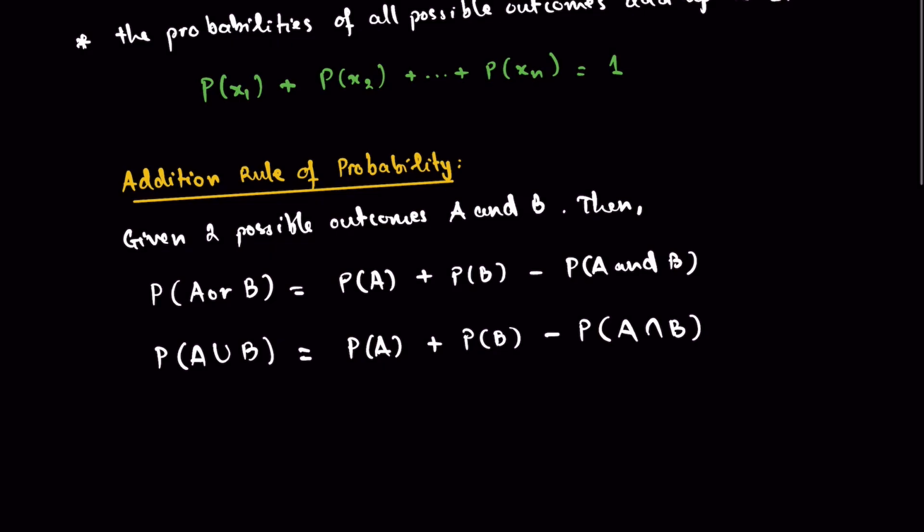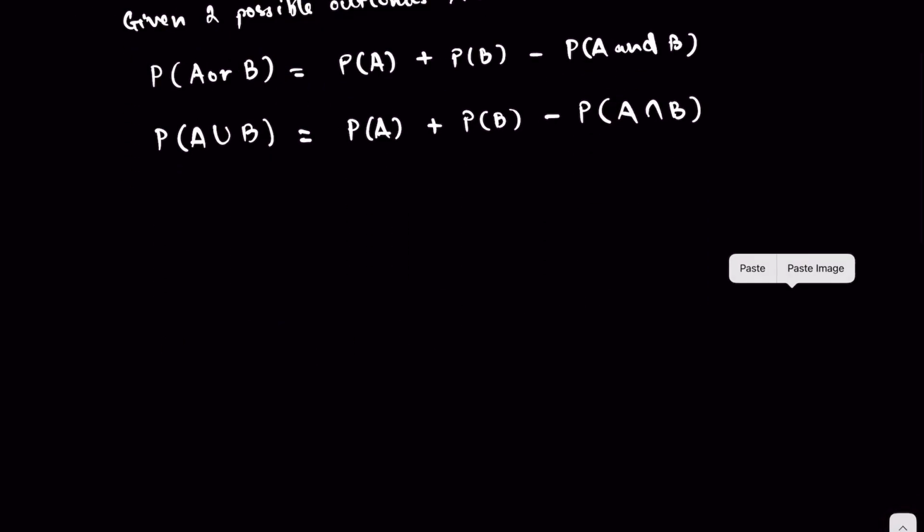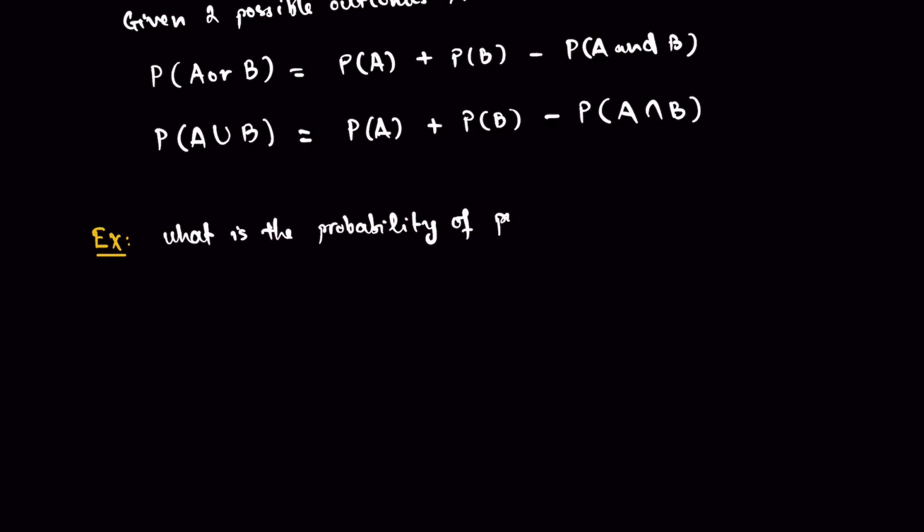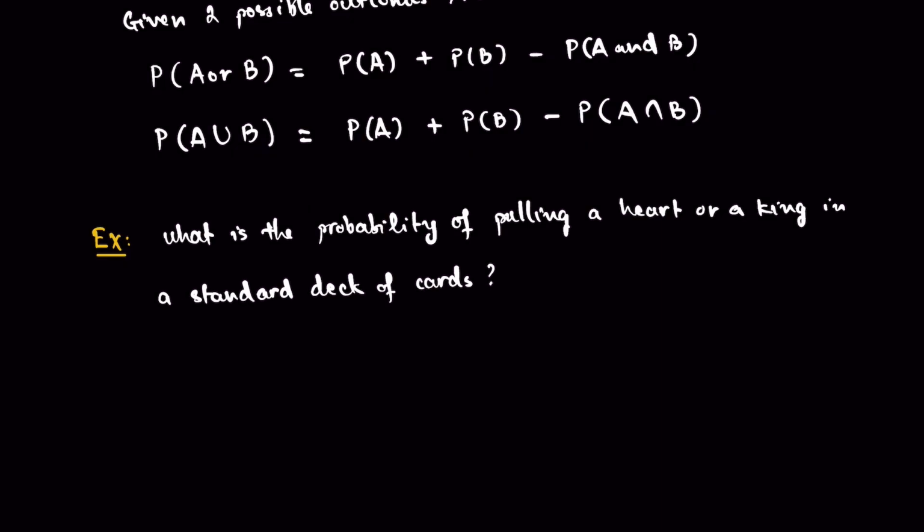All right. So let's consider the following example to illustrate the formula we just wrote down. What is the probability of pulling a heart or a king in a standard deck of cards? There are two possible outcomes here, either a heart or a king. So I let A be the event of pulling a heart, and B be the event of pulling a king.